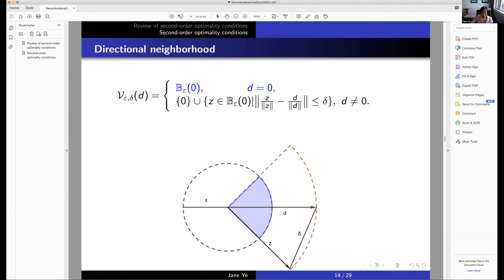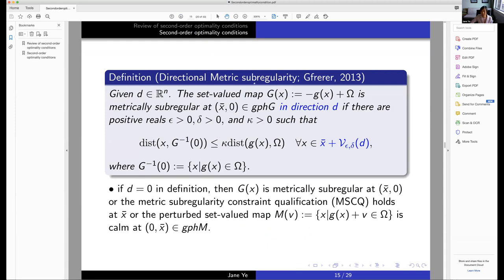So if the direction is equal to 0, this directional neighborhood is just the standard neighborhood. But if the direction is non-zero, in general this directional neighborhood will be smaller, and the smaller the delta, the smaller the directional neighborhood. Then there is the metric subregularity in direction.